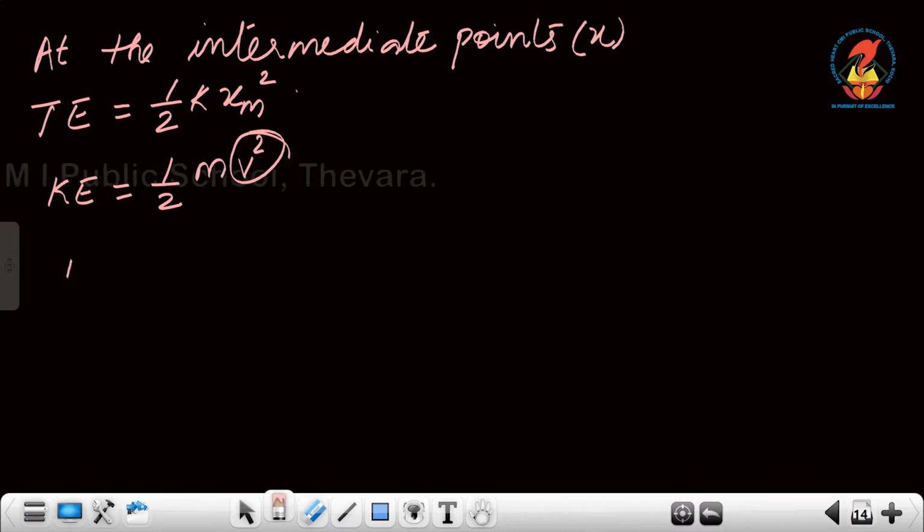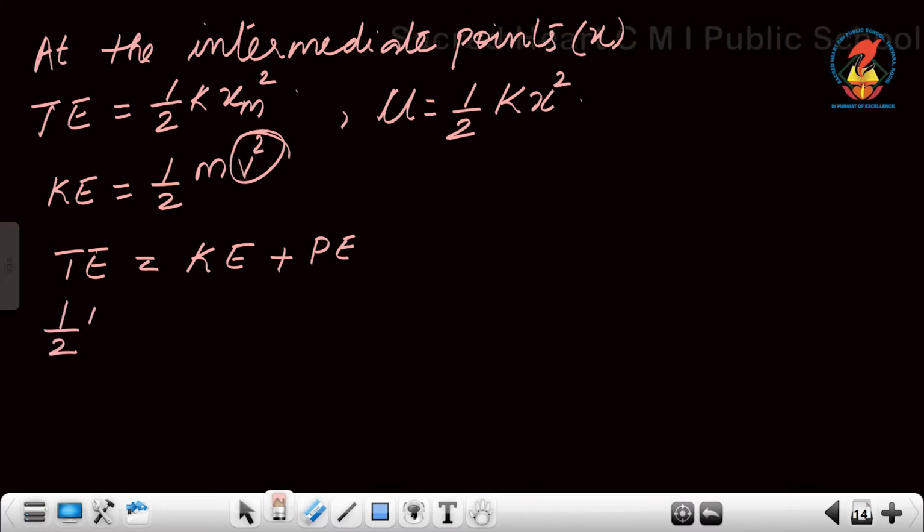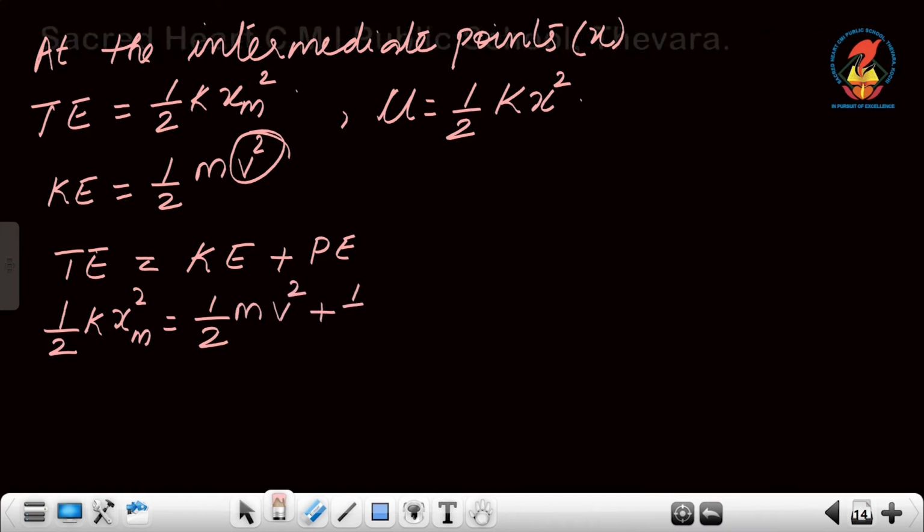For that, we are going to use the equation total energy is equal to kinetic energy plus potential energy, that is E = K + U. Now potential energy at any point of the spring is U equal to half k x square. This is the general expression for potential energy. So substitute here, you will get half k xm square is equal to half m v square plus half k x square. The one by 2 gets cancelled.